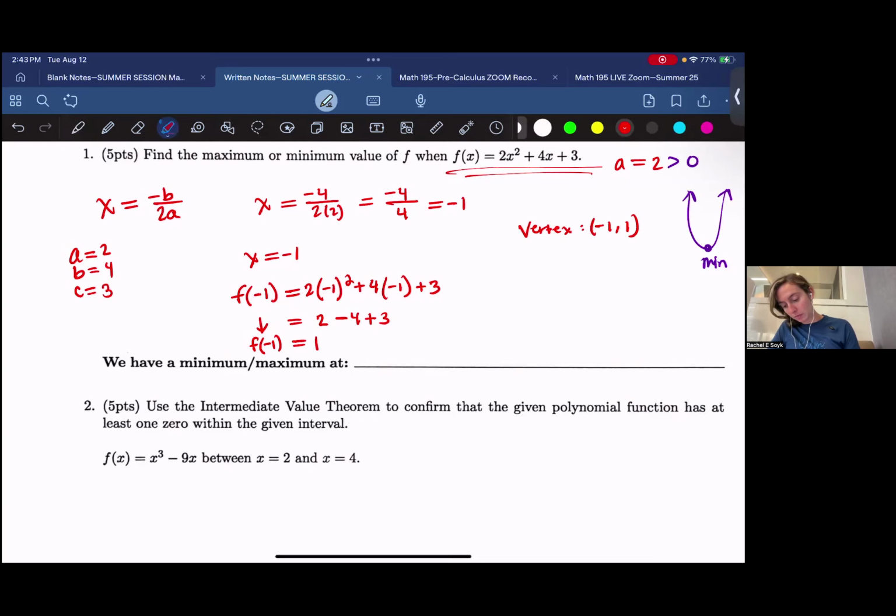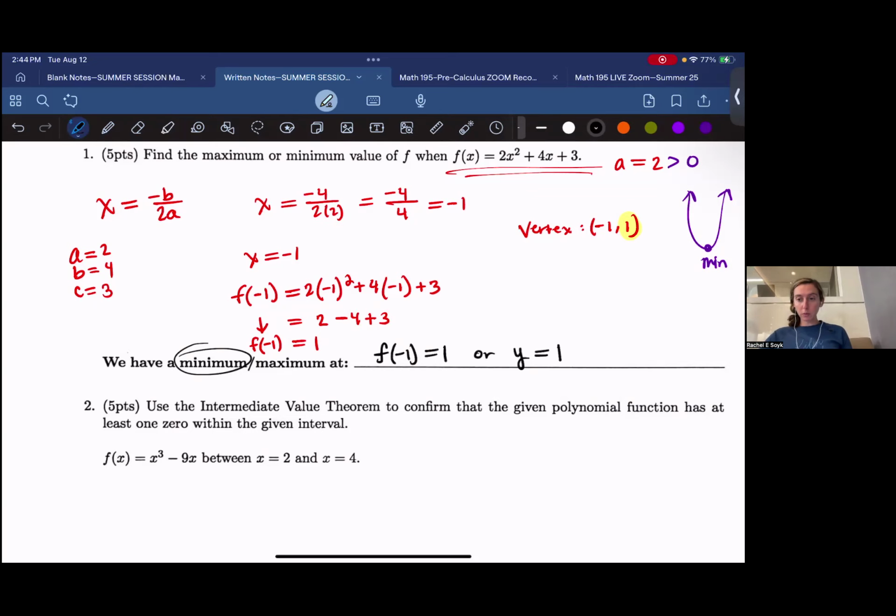Our minimum, the y value of our vertex, is 1. That's our answer. We have a minimum at f of negative 1 is equal to 1, or we could say at y is equal to 1. And we're done.